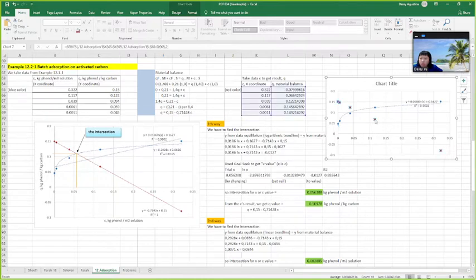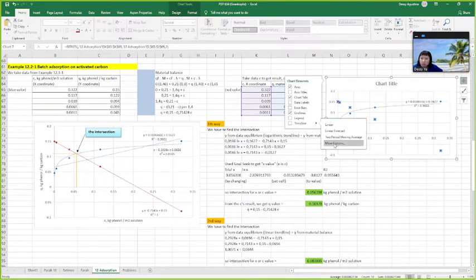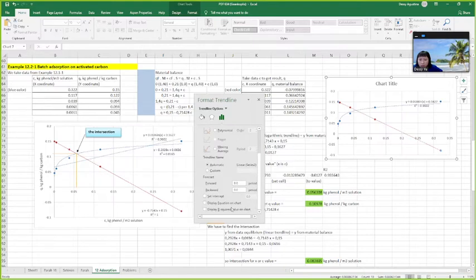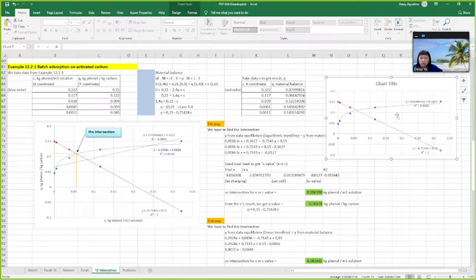And then you do the same to get the trend line for the red color, the material balance equation, but it looks linear. You will know from the curve that it is linear, and then you click display equation. Okay, close.